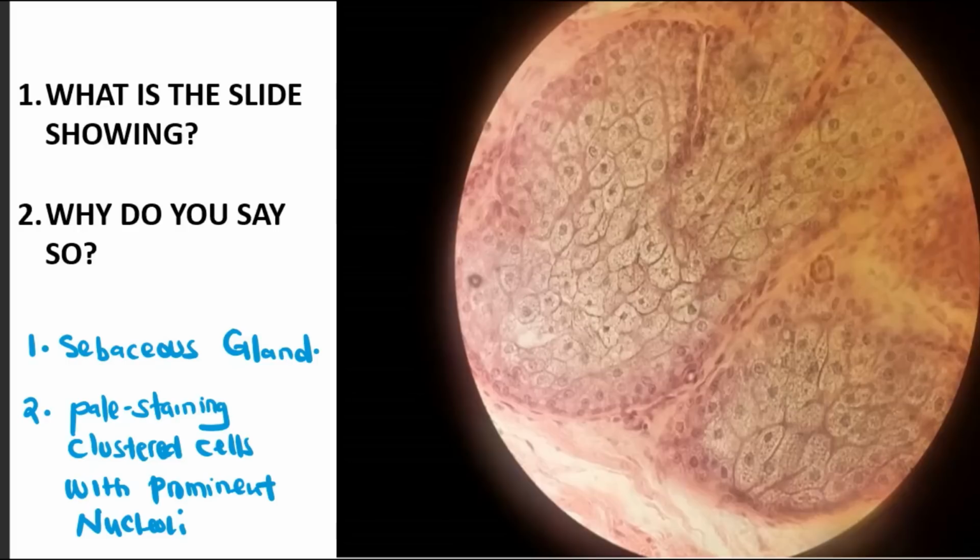So these are the prominent cells here. You can say these are the cells, and the cells are pretty clustered. These clustered cells are pale staining, and they've got prominent nuclei.